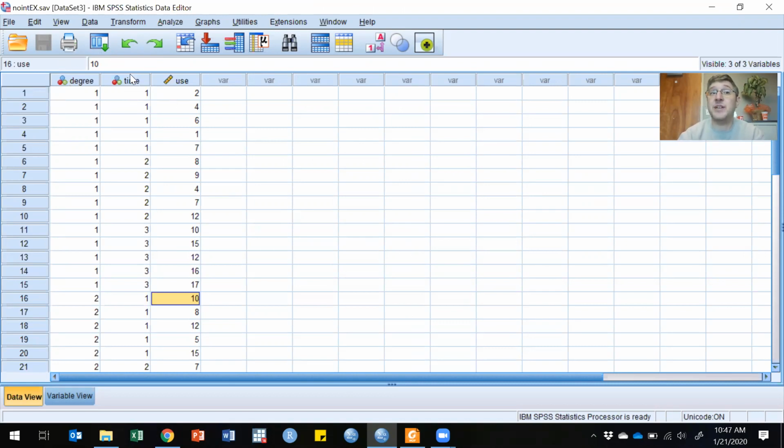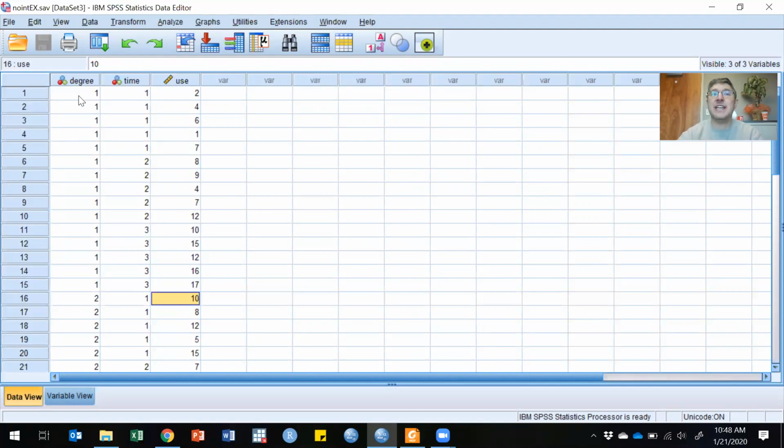So our 2 independent variables were the degree type of the student, whether they were master's or doctoral level student, and the time of day the students were using the computer lab, whether it was the morning, the evening, or the weekend. And our dependent variable was their average computer use over that period of time.